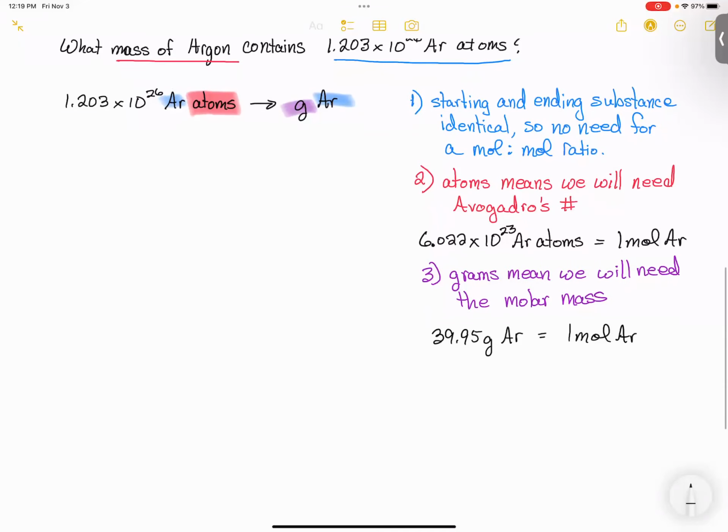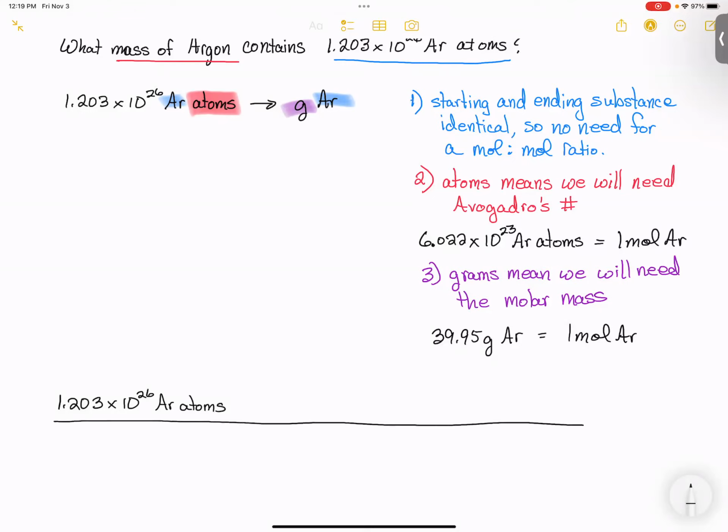Now that I have the conversion factors, I'm ready to start the problem. I'll start with the 1.203 times 10 to the 26 argon atoms. The first conversion factor I need is going to contain argon atoms.